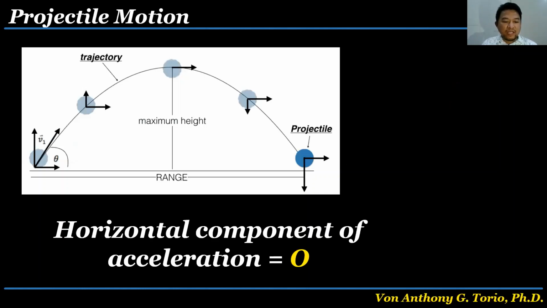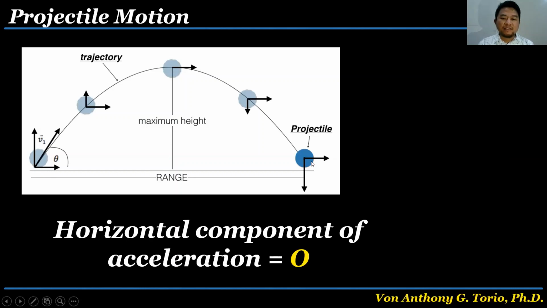Our next concern is to know the details of the horizontal component of the acceleration and the vertical component of the acceleration. Notice in the figure that the velocity component along x does not change. And we define acceleration to be the change in velocity.